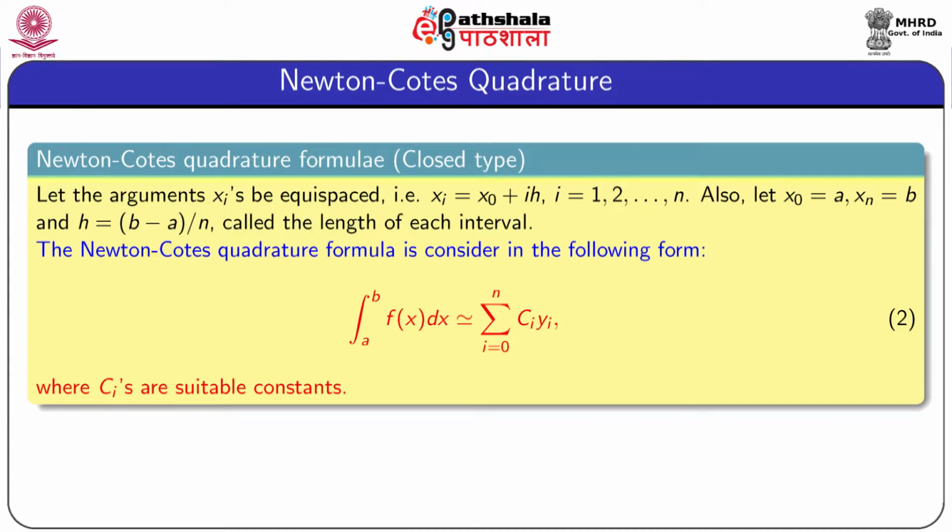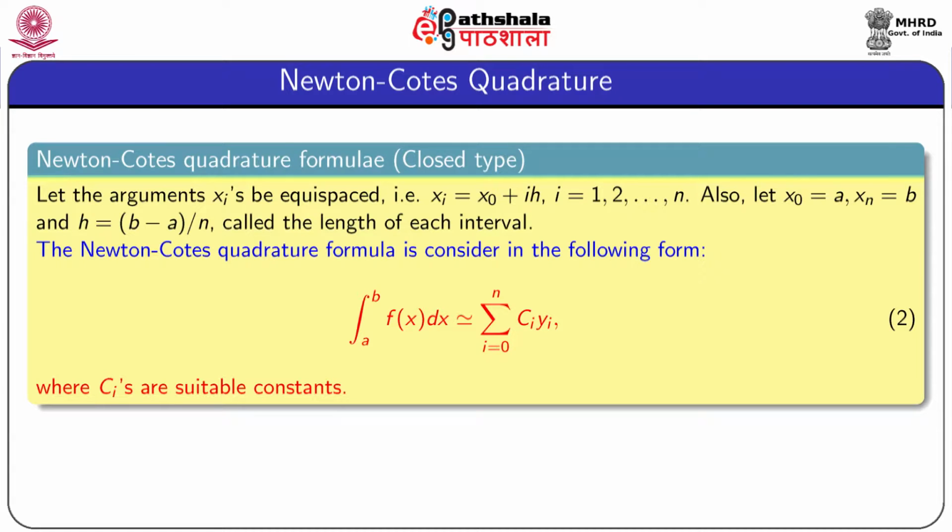The Newton-Cotes quadrature formula is considered in the following form. That means the integral from a to b of f(x) dx is approximately equal to the summation i equal to 0 to n of ci yi, where ci are some suitable constants and yi are the values of the function evaluated at x equal to xi.